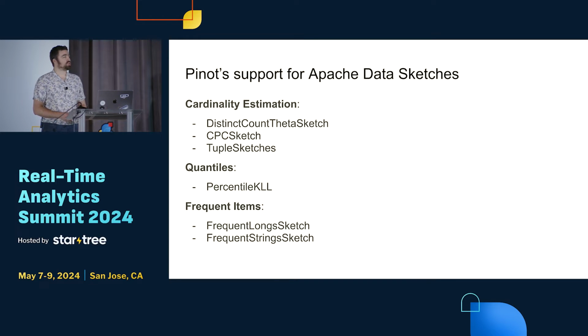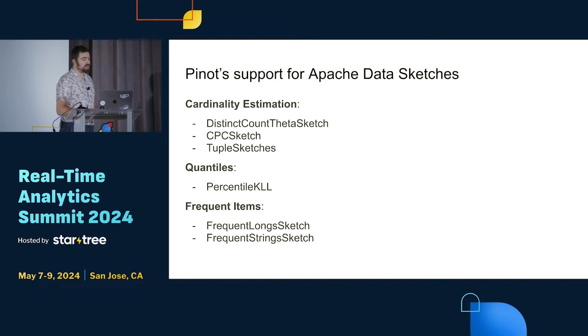Pinot has a bunch of these functions built in. You don't have to use a module or an extension. They already exist if you have a Pinot deployment, though version 1 or 2 may be missing. But for cardinality estimation, we have distinct count theta sketch, CPC sketch, and tuple sketches, which is an extension of distinct count theta sketch.